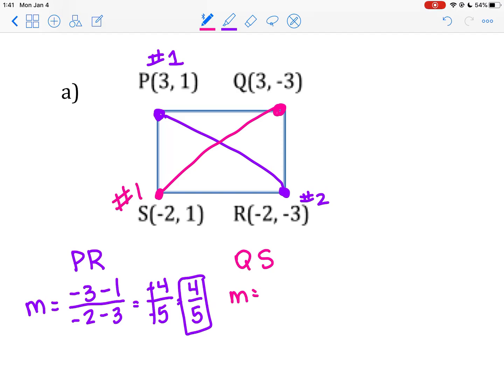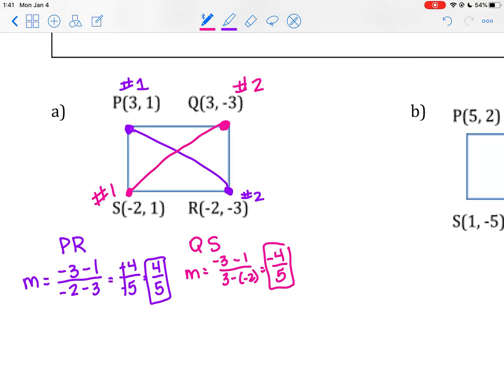For this one, I'm going to say that S is point number 1 and Q is point number 2. It doesn't matter as long as you keep the order matching. All right, so for my formula, the second y minus the first y over the second x minus the first x. Whenever I simplify this, I have -4 over +5.